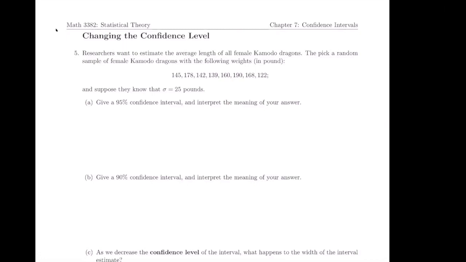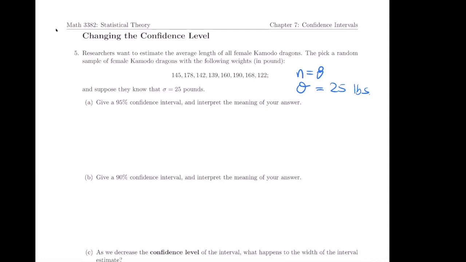And so here we've got the sample. I think, what is this? 1, 2, 3, 4, 5, 6, 7, 8. So we have 8 things in our sample. And what we know is that the population standard deviation here is 25 pounds. And we want to construct a 95% confidence interval for the mean weight of all Komodo dragons.